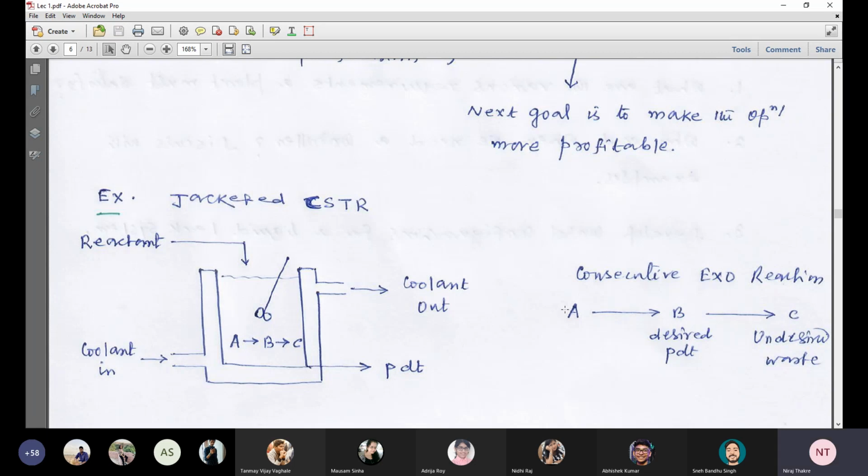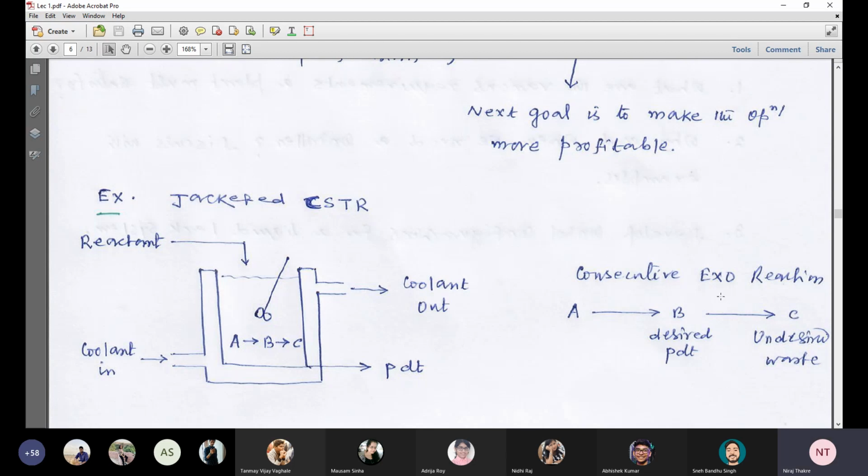Okay, now let us discuss this process first. See, this is a jacketed continuous stirred tank reactor. I think you have studied this in your reaction course. Now reactant is introduced. So this is the inlet stream, which is nothing but the reactant, and the reactant is here component A. And this consecutive reaction occurs in this reactor.